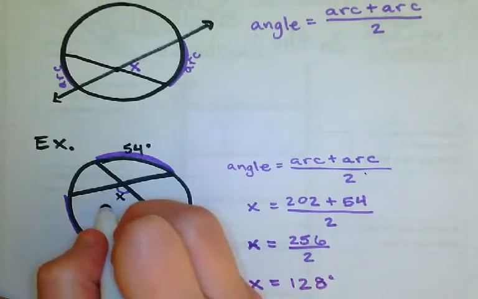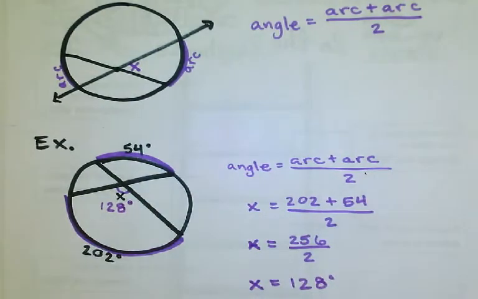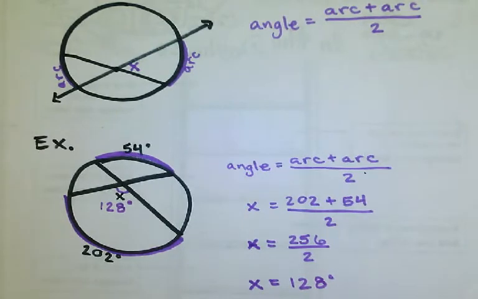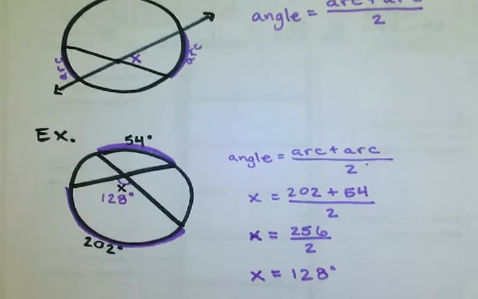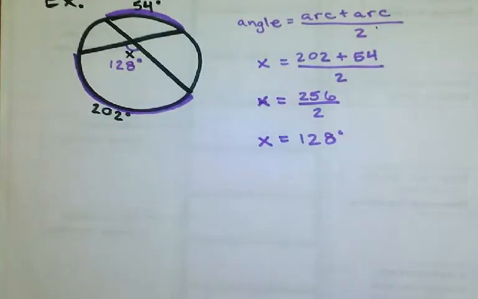There we go. 128. So that's how we would find our angle inside a circle. What if we had a problem that looked similar but is just a little bit different? Let's take a look at one other example like this.